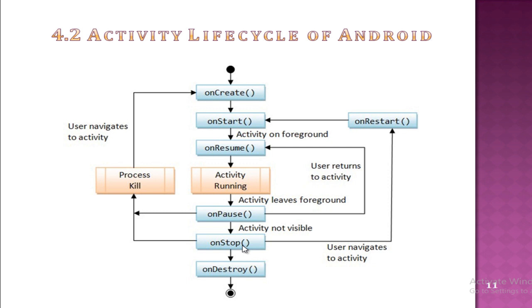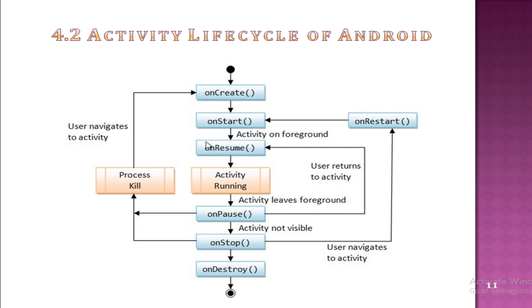Timer or CPU intensive shutdown operations, such as writing information to the database, should be done in the onStop method. The onDestroy method is called before the activity is destroyed by the system, either manually or by the system to conserve memory, right? So this is about all the methods of the activity life cycle.